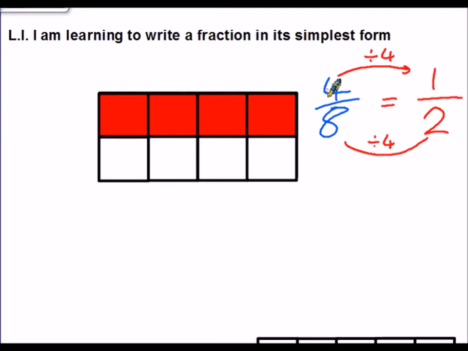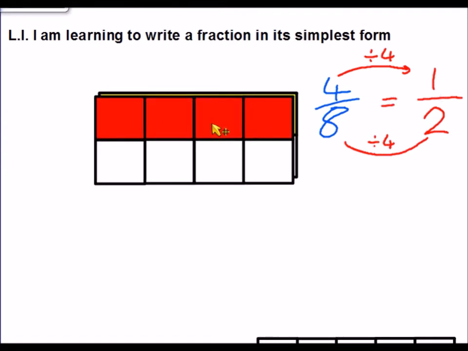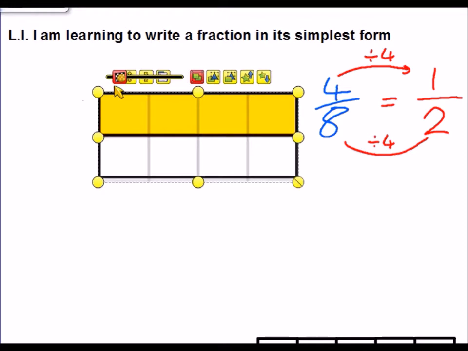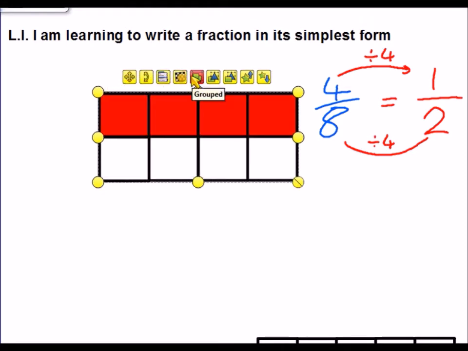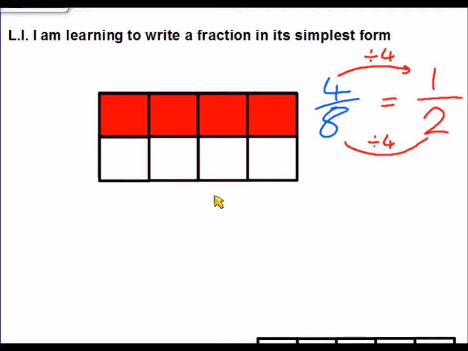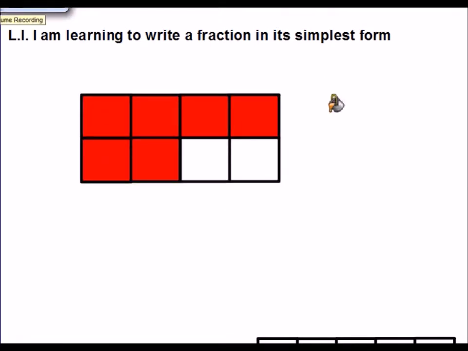So 4/8 is equal to 1/2. And we saw that by looking at these shapes here and seeing that they are in fact equivalent. So by finding a times table that contains both the numerator and the denominator, we can simplify a fraction quite easily.